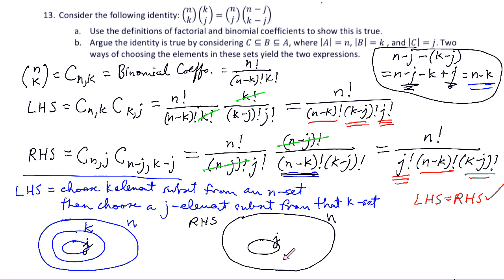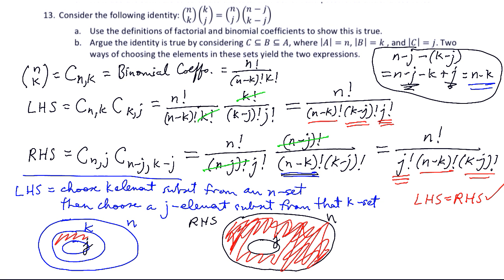So we're choosing k minus j elements out of n minus j elements. So out of this whole region that I'll shade red there, out of this region, which is of size n minus j, we need to choose this many elements, which is k minus j.